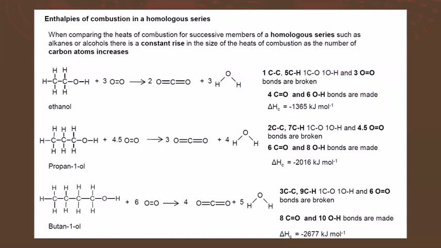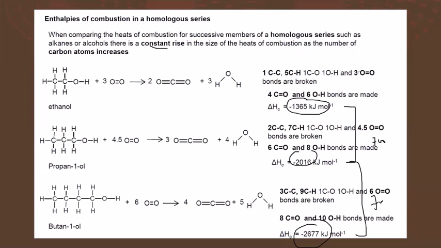When comparing the heat of combustion of successive members of a homologous series, like alkanes, alkenes, there's a constant rise. Here we have ethanol, then we are burning propanol and butanol. For ethanol it was 1365, then 2000, and then 2600. So the approximate, not exact, difference is about 700, about the same each time.